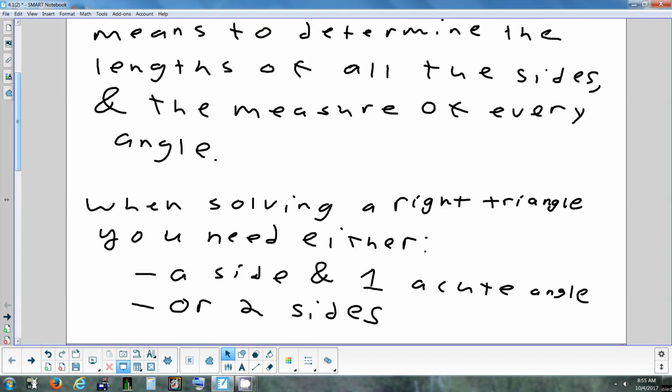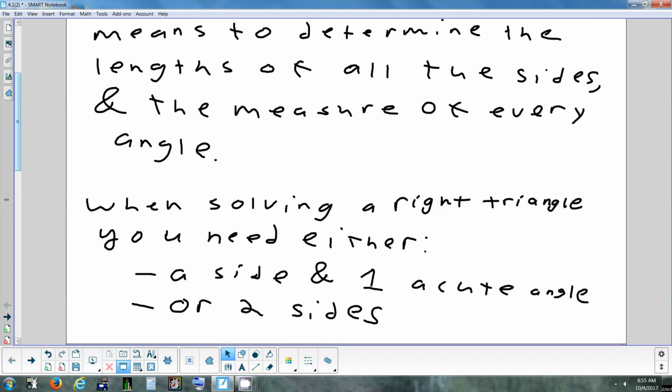Now, one thing I didn't put up there that I could give you is 2 other angles. How come that wouldn't help? If you already had one angle as a 90, how come giving you both of the other angles wouldn't be helpful?